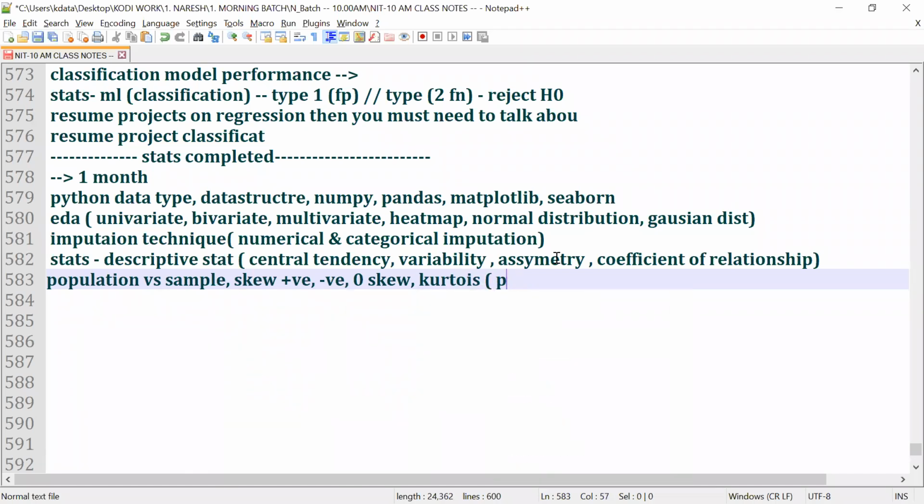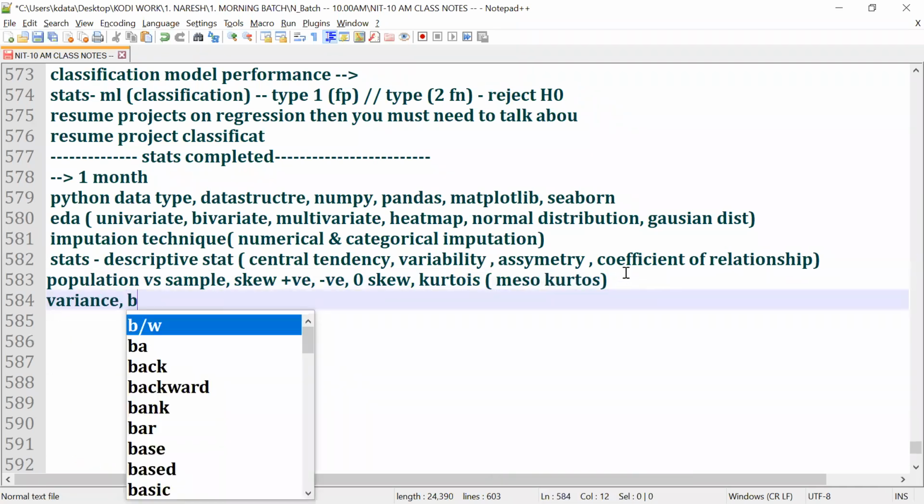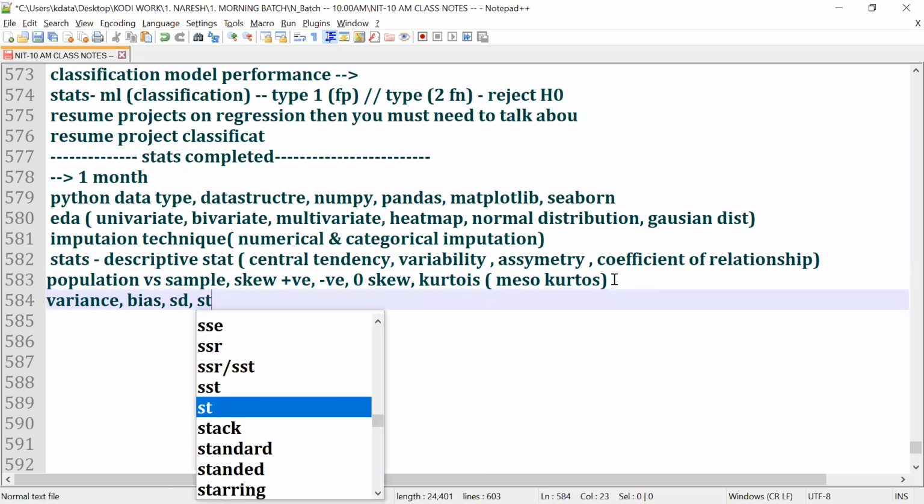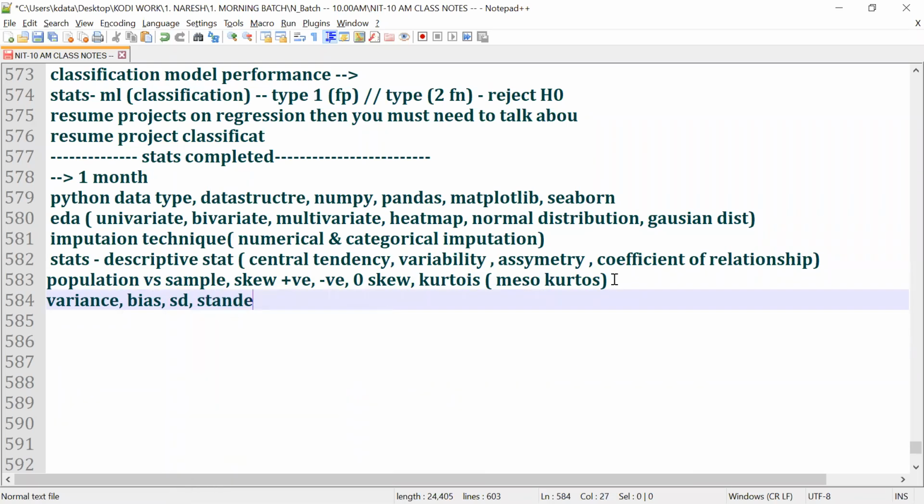Platykurtic, yeah, something like that. Mesokurtic, yes. So we need to consider this one, and then we understand variance, bias, standard deviation, and standard error, right, guys?